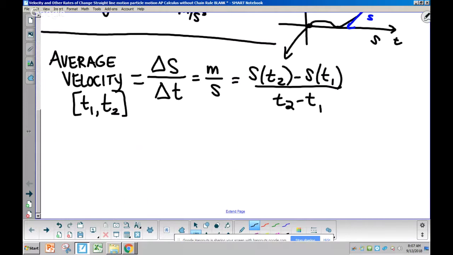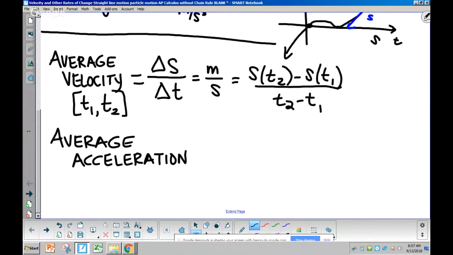Average velocity is meters per second. Let's talk about average acceleration. Well, average acceleration is also going to be over a time interval from time 1 to time 2. And just like velocity, we're not going to touch the acceleration function. What are we going to do?